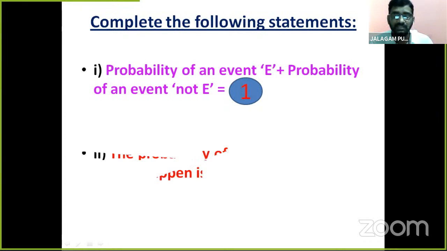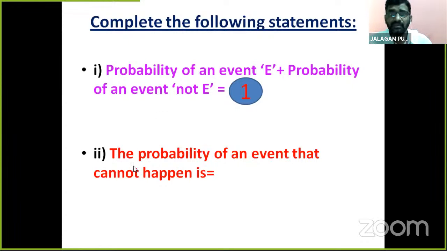Second one, children, see here. The probability of an event that cannot happen is, tell me, children, what? Yes, that's correct. It is 0.